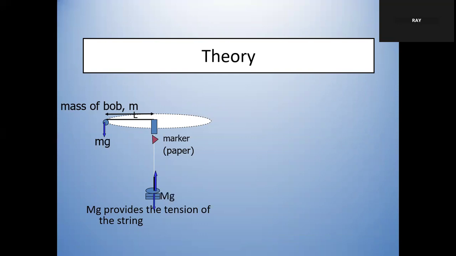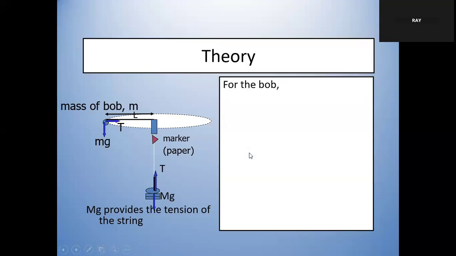There's your weight going down, your tension going up. There's the mass of the box. There's your tension. The tension is the same. For the box, the tension equals m omega squared L, where omega is the angular velocity and L is the radius.